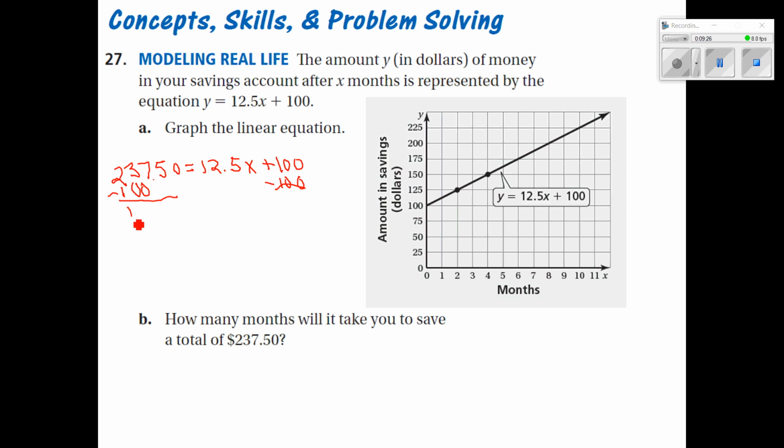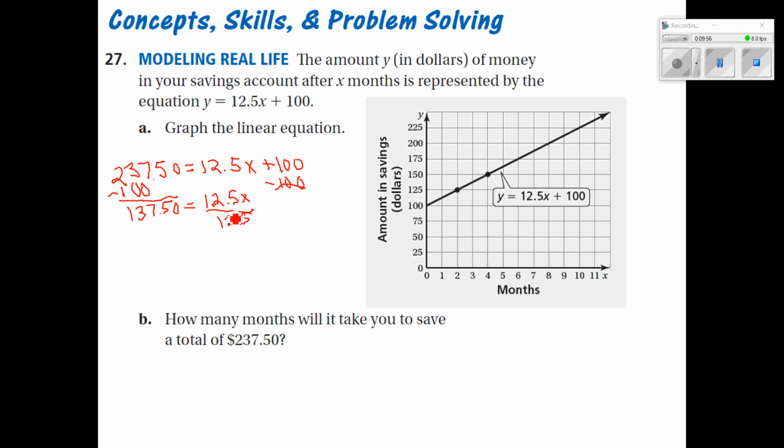That's going to leave me 137.50 equals 12.5x. Now I've got to get x by itself, so I'm going to divide 12.5 away. You might be saying, why am I not subtracting it? Because remember, there's an equal sign. I do the opposite of what I see.